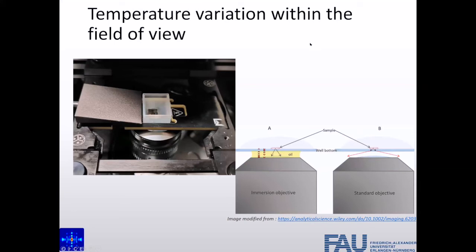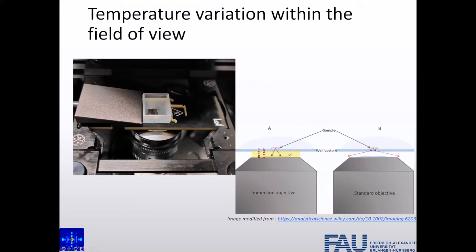Now that we have this VAHEAT chamber available, I had the chance to teach a molecular medicine student, Pranjali Divika, and she was playing around with the VAHEAT chamber. We tried to find out if we really have a high loss of temperature when we use this in the live cell microscope.